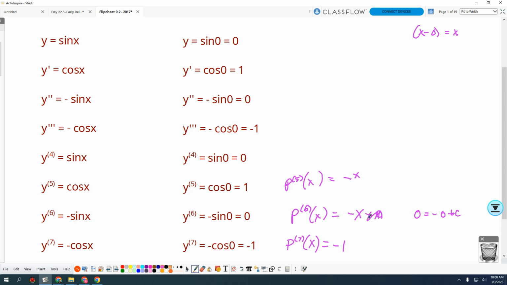What power is on this? It's 1, so it'll go to 2, and then divide by the new power, 2. And then plus c. When I plug in 0, you get 1. 1 equals negative 0 squared over 2 plus c. That c is 1. Cool.